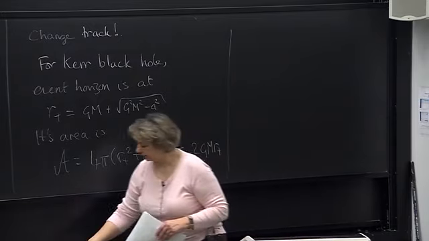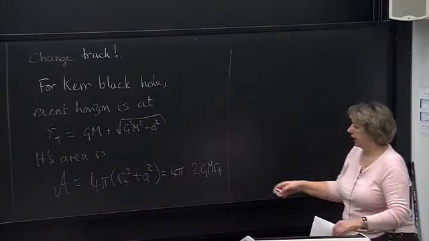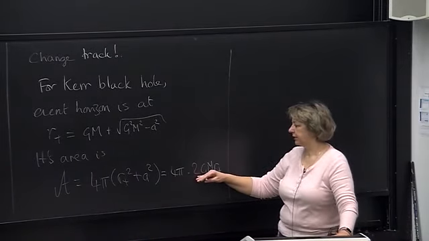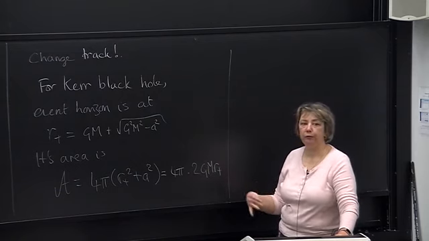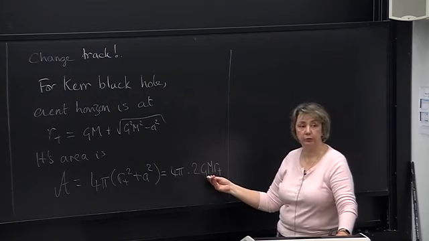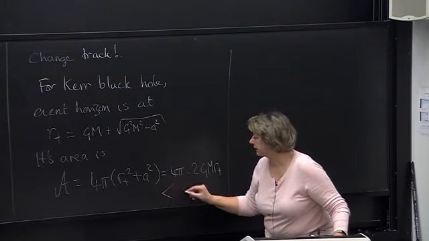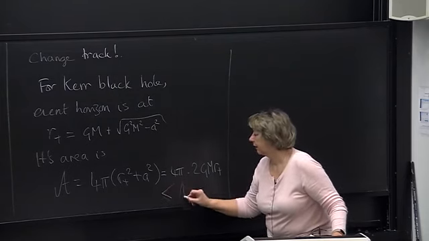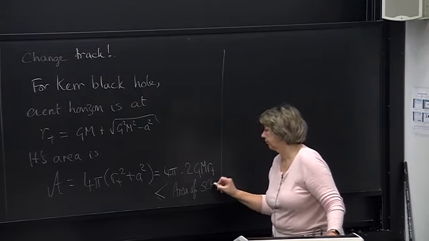I'm just writing that because I might need it. But in particular, notice that if it were Schwarzschild, the area would be 4 pi r plus squared, and r plus would be 2gm. Here, r plus is less than 2gm, so this is less than the area of a Schwarzschild black hole.